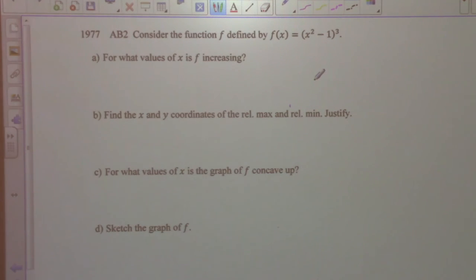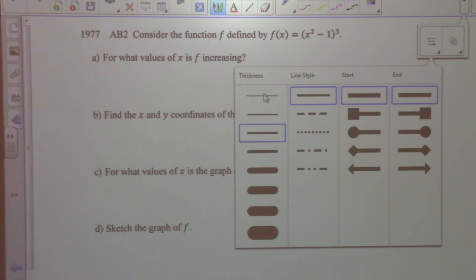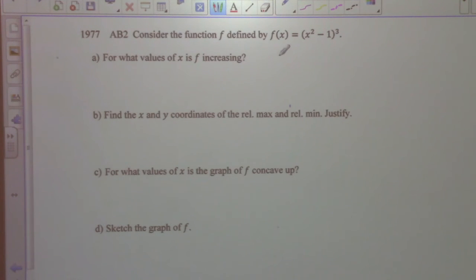All right, so you guys are working on this, right? Yes, I found the critical numbers. Oh, you did, okay. Let's just go. What I want to do is go over this pretty quickly here. So what we have here is f prime of x is equal to 3 times x squared minus 1 squared times 2x.